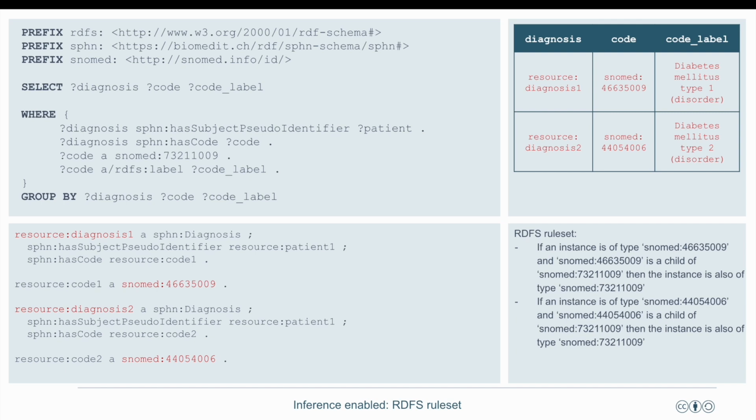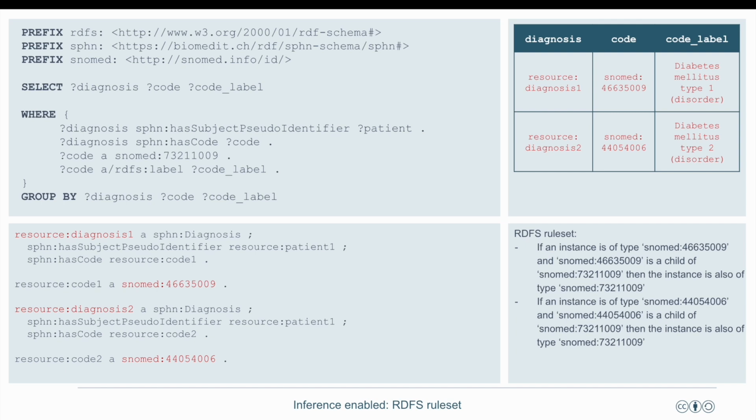But with inference enabled, the triple store infers that diagnoses coded to diabetes mellitus type 1 and type 2 are also coded to diabetes mellitus. And we see that in the results, where both the diagnoses are shown when the inference is enabled.